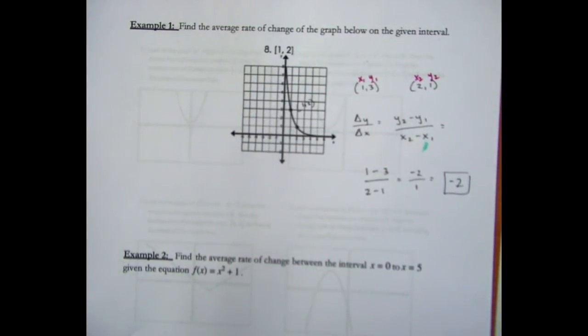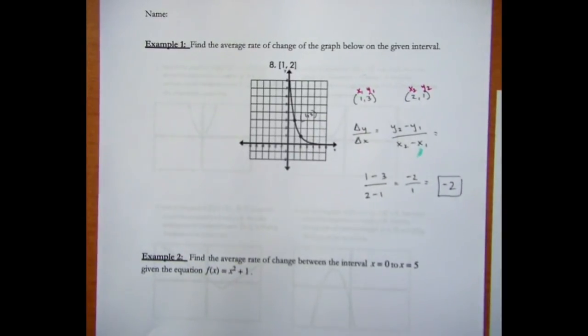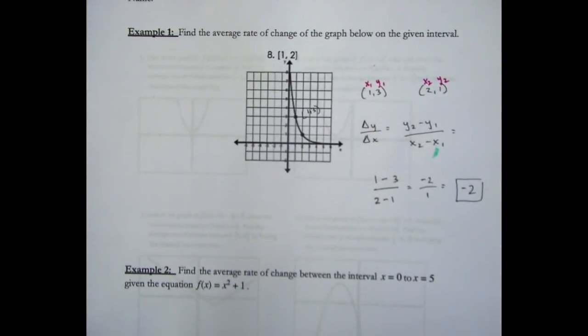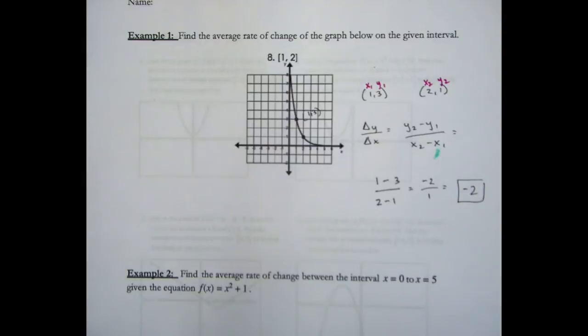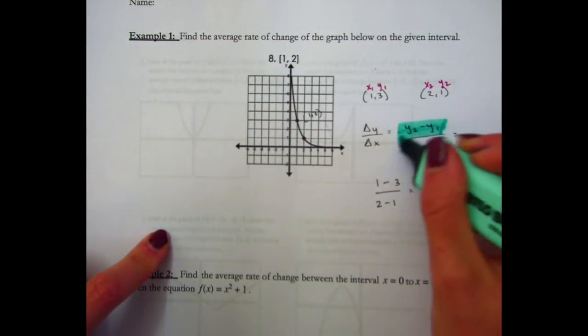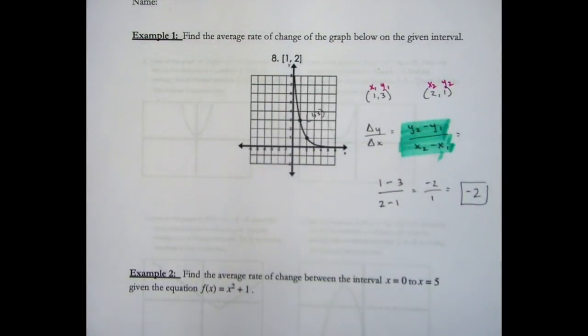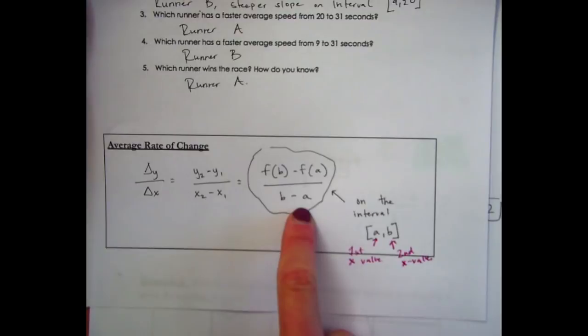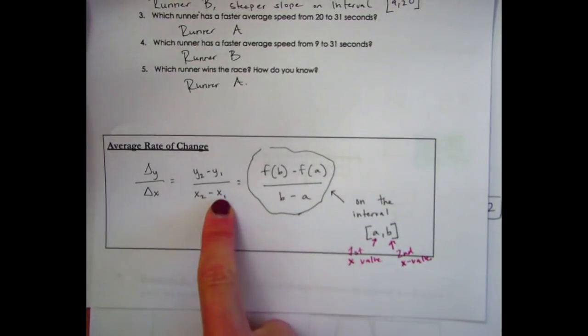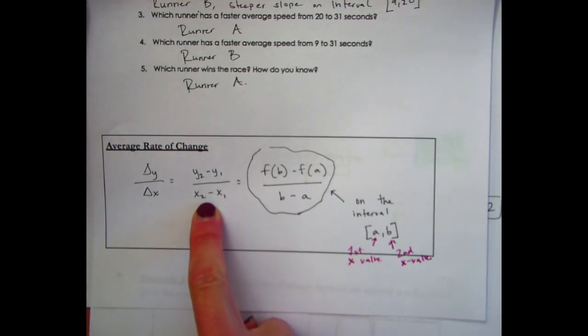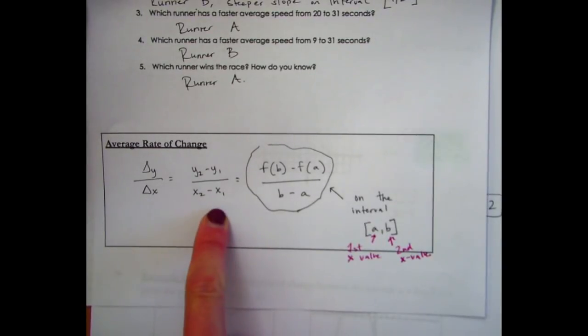So we actually did this exact problem last week. I want to pause for a second and think about why I used this equation for average rate of change. Because I have two equations to choose from, right? I have my f of b minus f of a, and then I also have this y2 minus y1 over x2 minus x1.